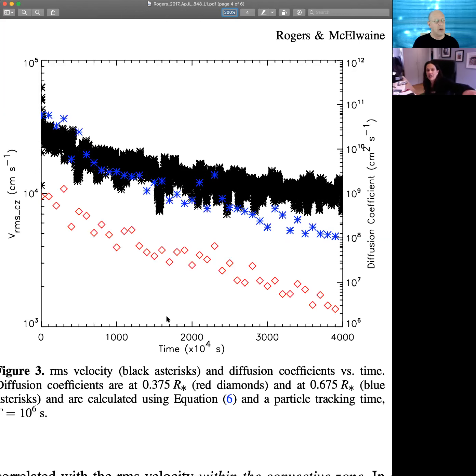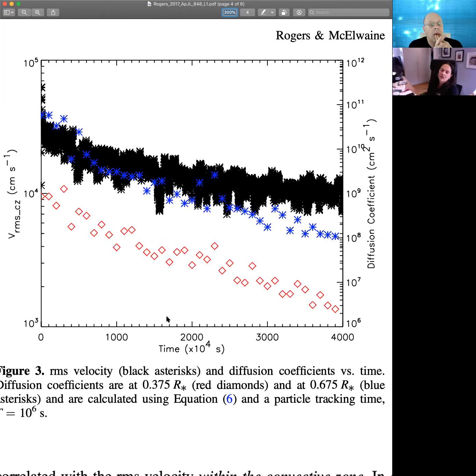What's plotted there are the RMS velocities in the convection zone, the black asterisks, and then the diffusion coefficients at 2 different radii within the radiation zone. As you can see, as the convective velocities come down, the diffusion coefficients come down, pretty much in lockstep.